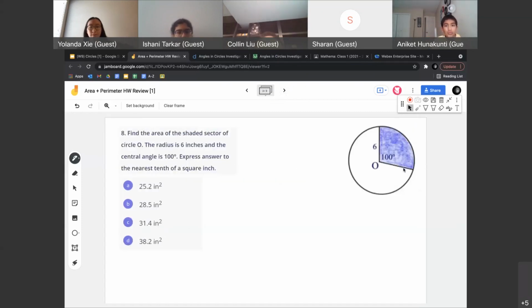Okay, and now onto this problem, which has this circle sector right here, and it is 100 degrees out of the 360 degrees. So using that information, we should set up a proportion like this. And what this tells you is that once you simplify it, this sector right here is 5/18 of the whole circle. And that means that the area of this sector right here is also 5/18 of the whole circle's area.